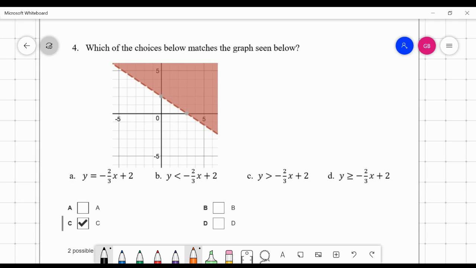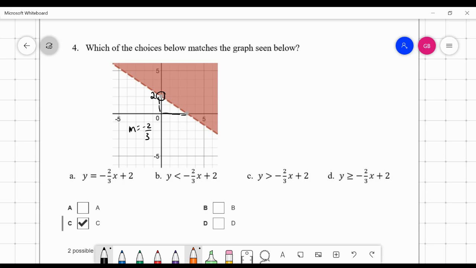Which of the choices below matches the graph seen below? Okay, so here we can see that we have a y-intercept of 2. And then for our slope, we're going to go down 2 and run 3. So -2 over 3. And all of these have it.